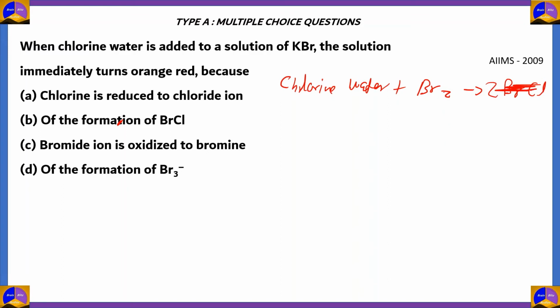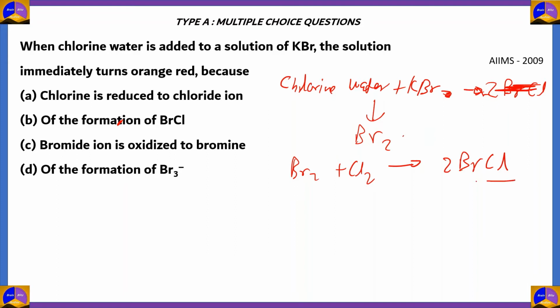Chlorine water plus KBr, this gives you bromine. And when bromine reacts with chlorine in water, you will get 2BrCl. Now, when we look at this process, we notice that chlorine is reduced to chloride ion in the final product, BrCl.